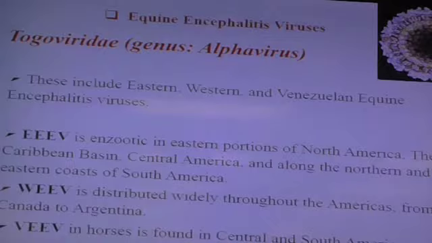They are 3 diseases: Eastern equine encephalitis virus, Western equine encephalitis virus, and Venezuelan equine encephalitis virus. As I said, they are related, and they are called Eastern, Western, and Venezuelan due to the primary location where they were found, but they can be present in various regions.